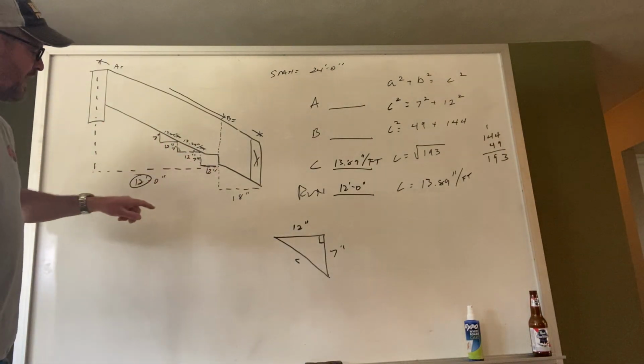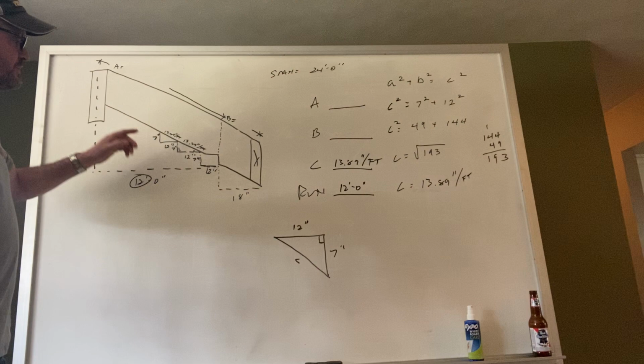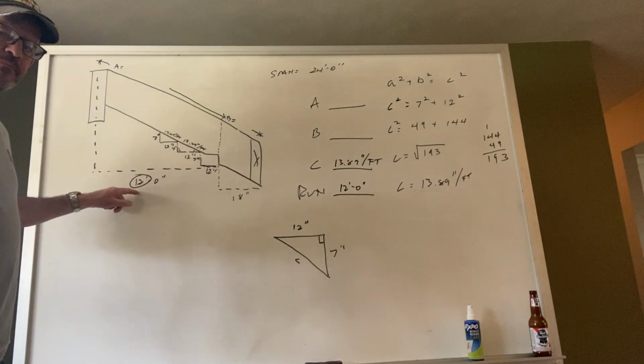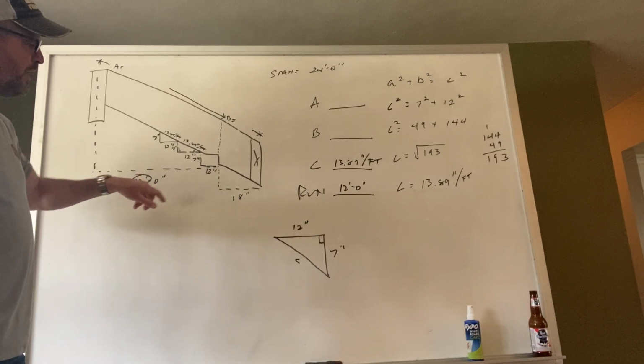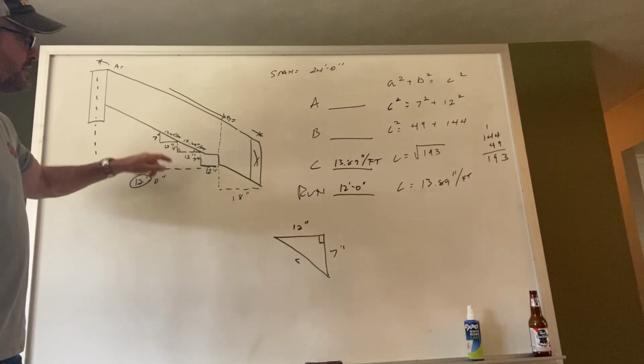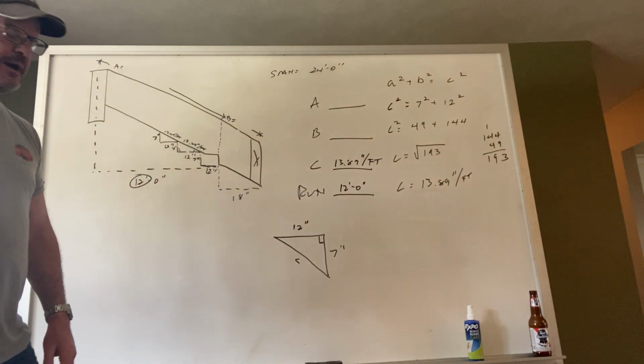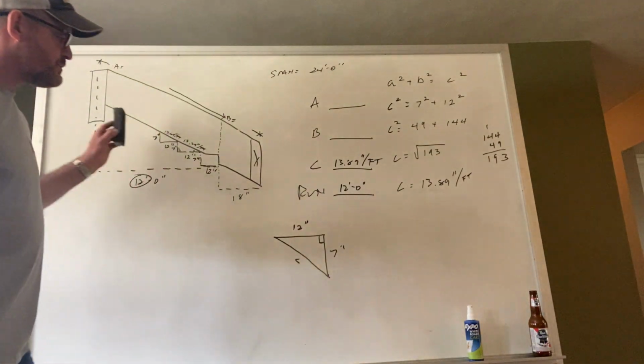I know that I've got how many of those unit triangles running the length of this bottom leg. I've got 12 of them because I've got 12 feet. If I've got 12 feet in 1 foot increments, I'm going to have 12 of those unit triangles running across the bottom.